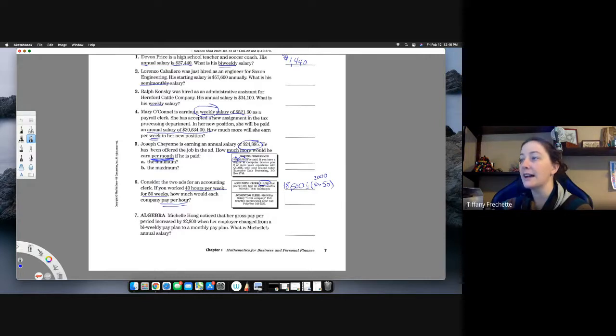So when I divide, and I'm just going to cross this off because I did this calculation already. It's 40 times 50 is 2,000. So I'm going to divide by 2,000. That'll tell me how much she makes in this position. And then I'm going to do the exact same thing for the next one. Now it's 16,500 a year for a great company, full benefits, interviewing now, and then call this number. So same thing.